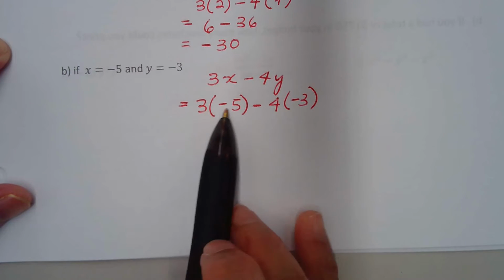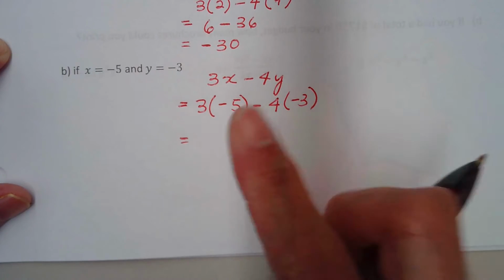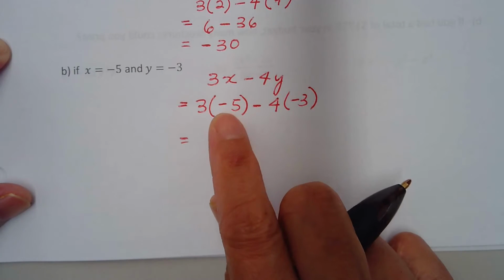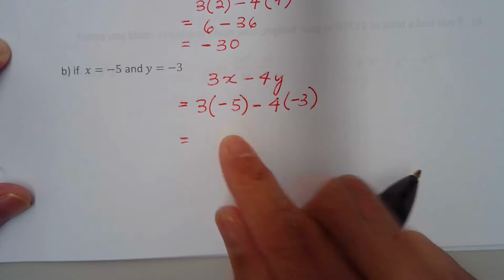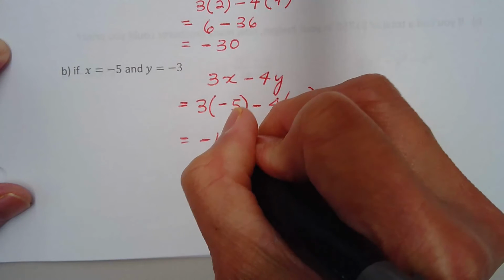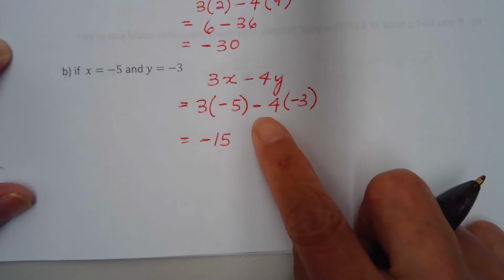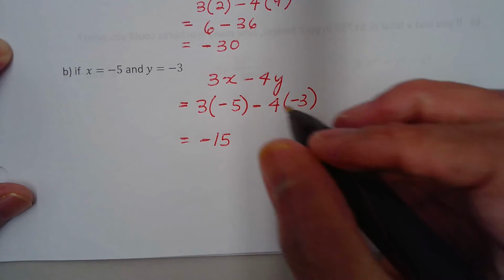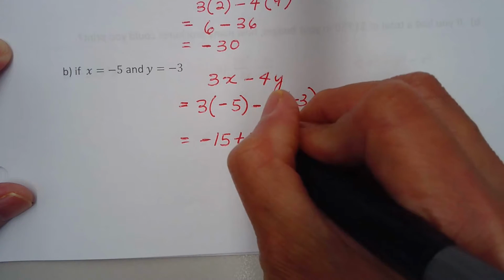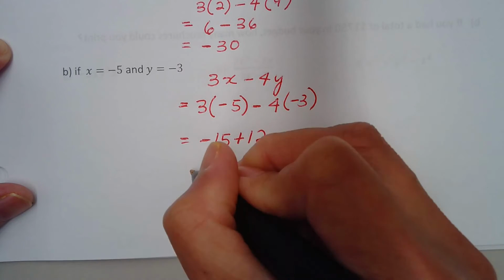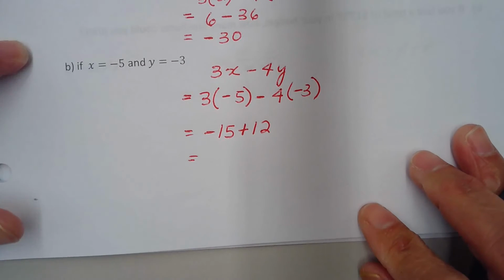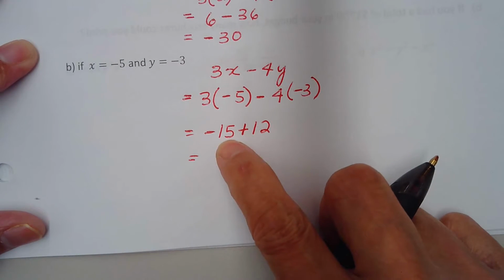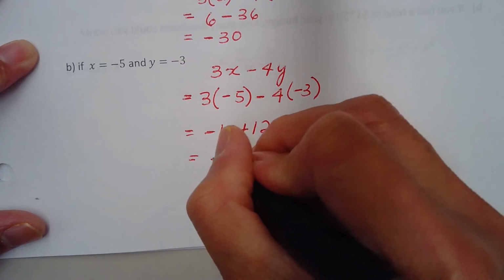Multiply first. Negative 3 times negative 5 is negative 15, and then negative 4 times negative 3 is plus 12. So it's going to be negative 15 plus 12, which is negative 3.